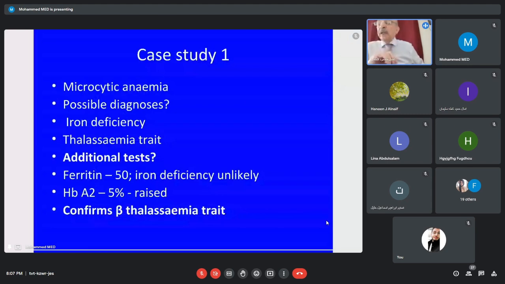As I said, usually you take in your diet about 10 milligram per day, and the body absorbs 10 to 15% of this according to the need of the body. So if the patient is iron deficient, then absorption will increase, but just a little bit, not very much.